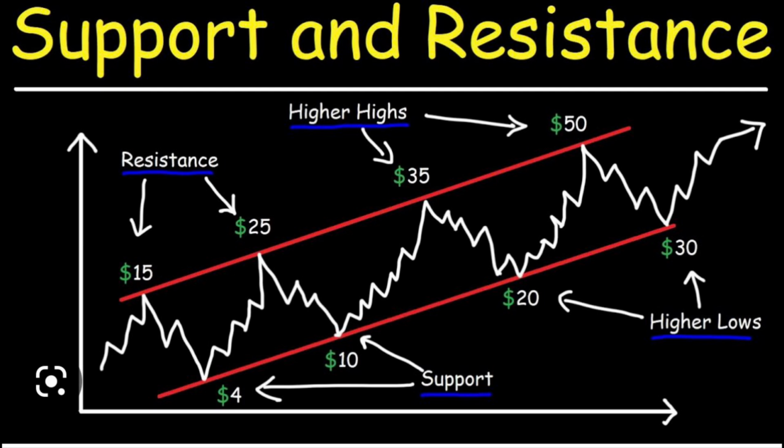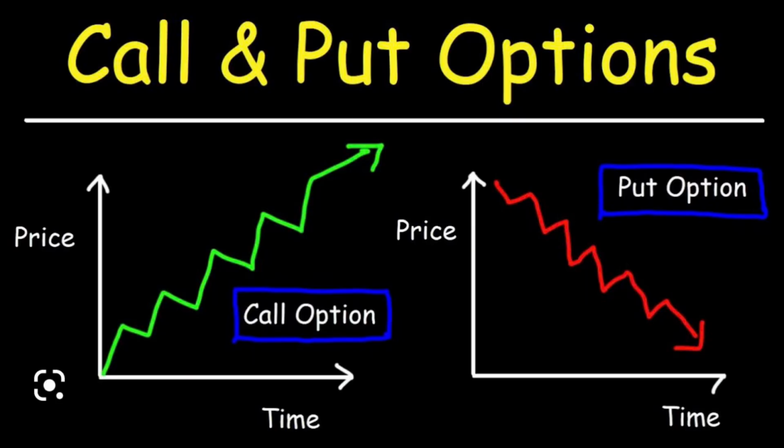In options trading, you have puts and you have calls. A put is when you're thinking the stock is going to go down. A call, you're thinking the stock is going to go up. So if I'm going to place a trade with a put option, I want to buy at resistance.